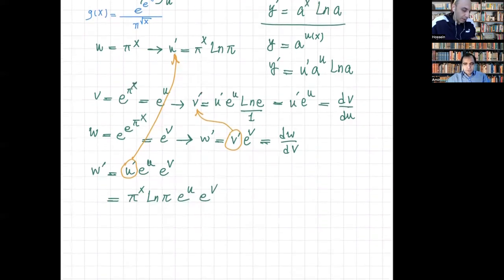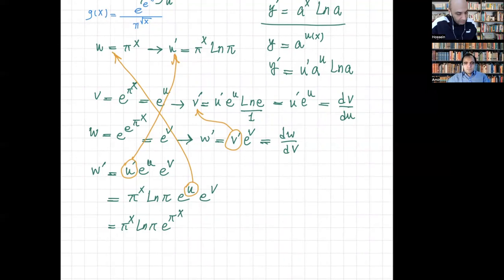Then I can make it more complicated by replacing the u and v with the actual values. So pi to the x ln of pi, then this u, I have it here in terms of x, so I have e to the pi to the x.